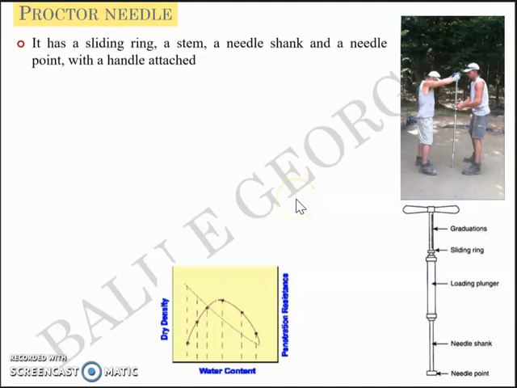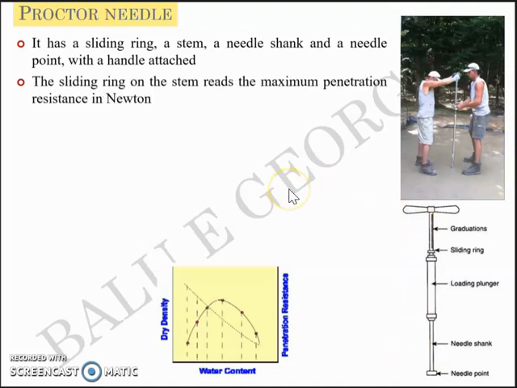Now, as you see from the picture, it has a sliding ring, a stem, a needle shank, and a needle point with a handle attached. The sliding ring on the stem reads the maximum penetration resistance in newtons, and the needle shank indicates the depth of penetration.